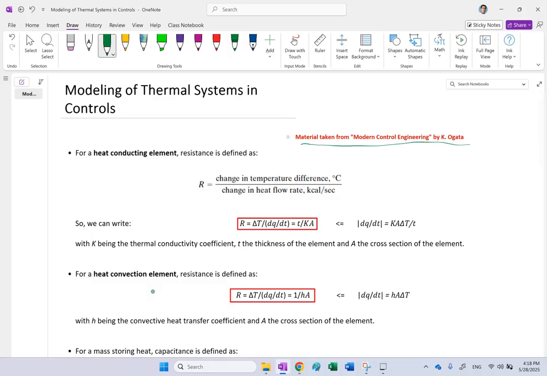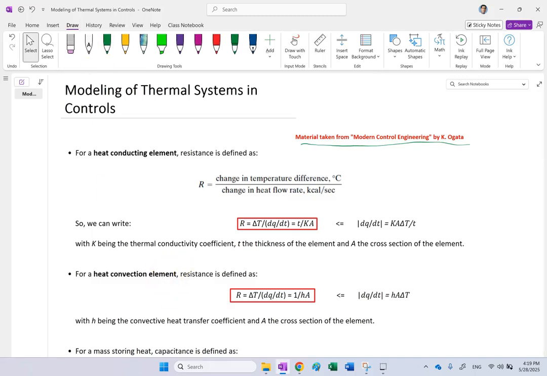As you know, we have three methods for heat transfer: conduction, convection, and radiation. Here we are only going to look at conduction and convection. You might say, why not radiation?